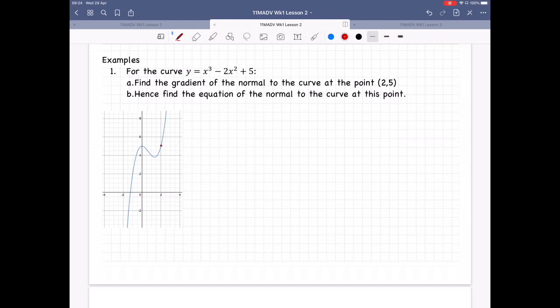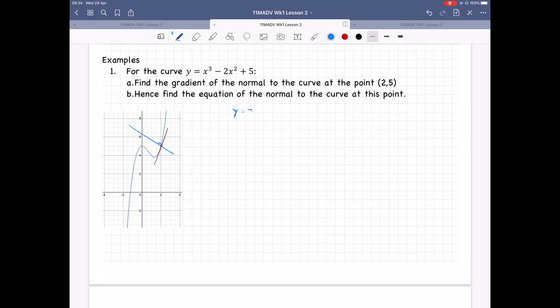So we have our point here, and there's our tangent, and we are looking for the gradient of this line here, which would be 90 degrees to that tangent.